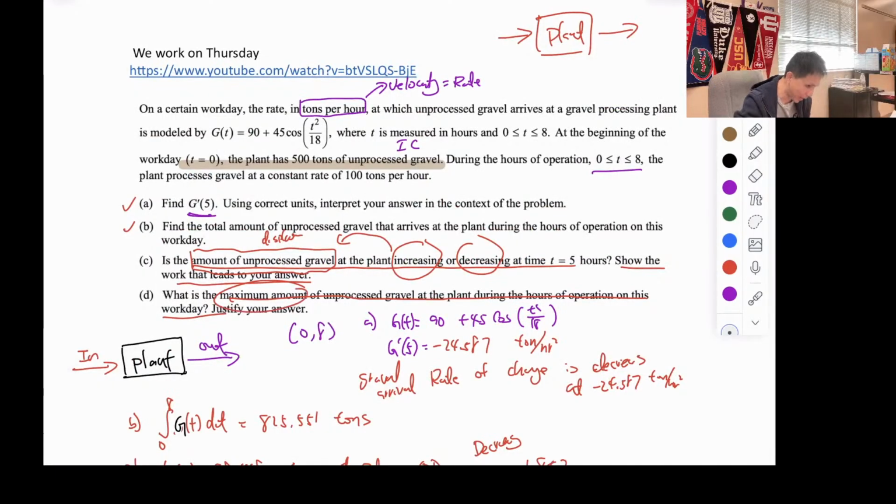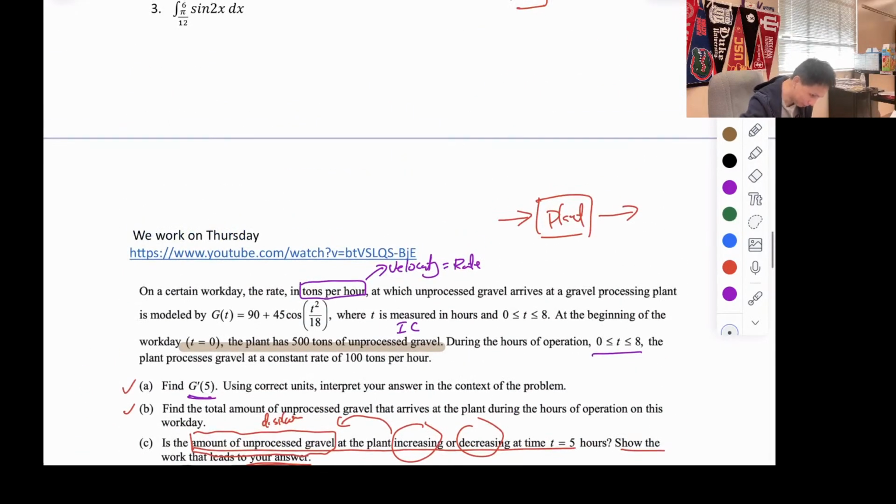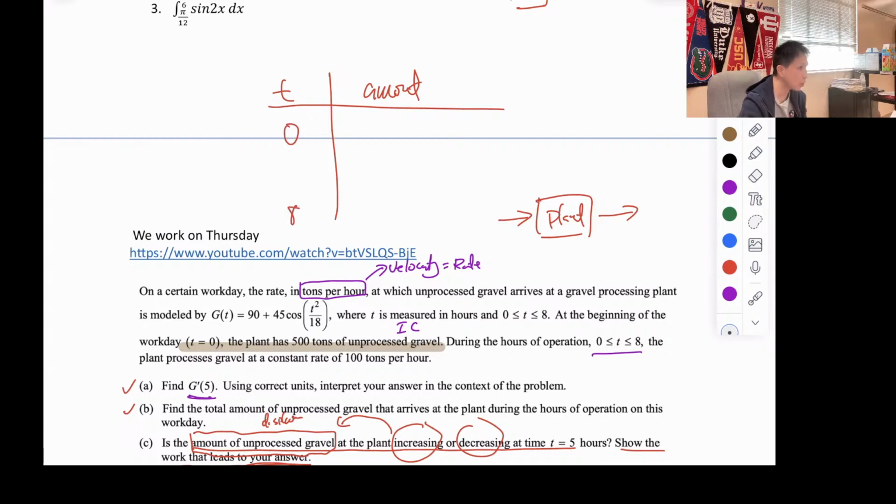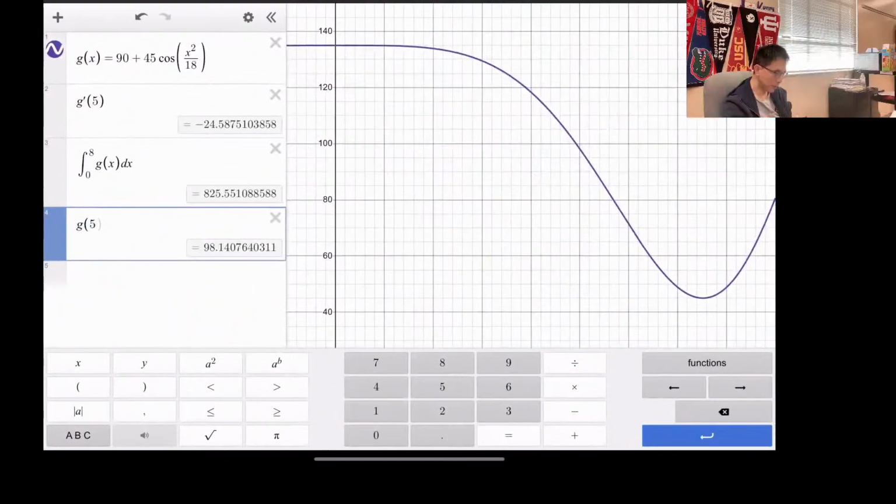So they say maximum amount. What does that mean? I need to do a table. Remember the table? T, and this is amount, right? And I'm going to do 0 and 8, and there's a critical number. Well, where's the critical number? That means when the net becomes 0. So I'm going to do the net.